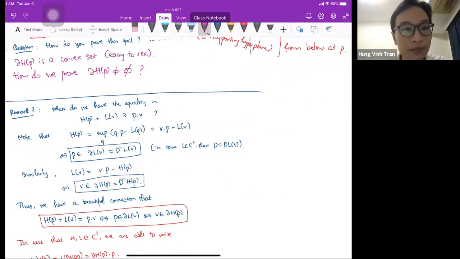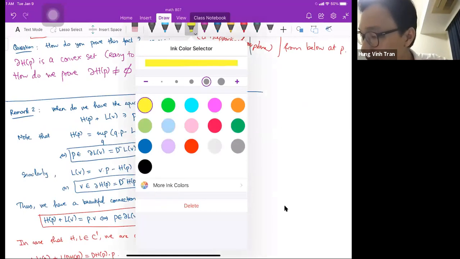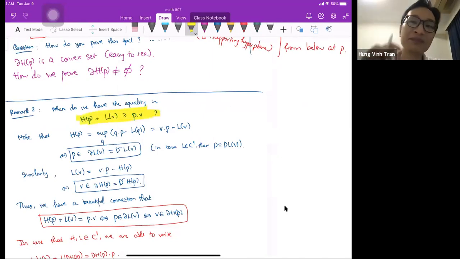All right. Then the second point I want to discuss today is this extremely important inequality. I cannot stress enough how important it is. It's maybe the second most important inequality to me after the Cauchy-Schwarz inequality.